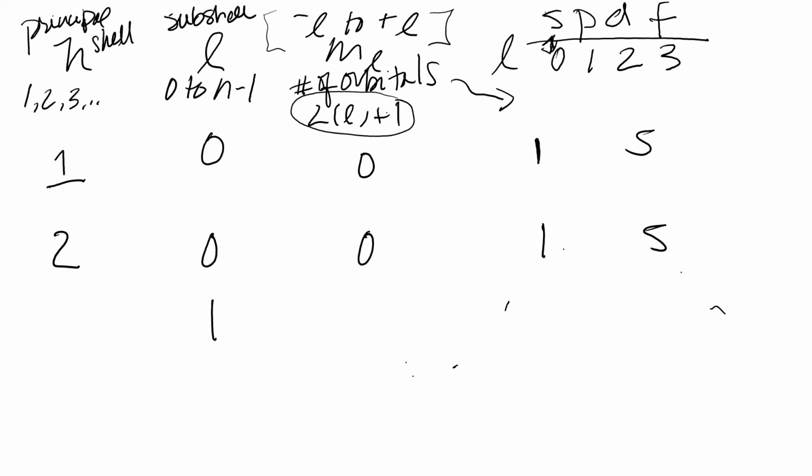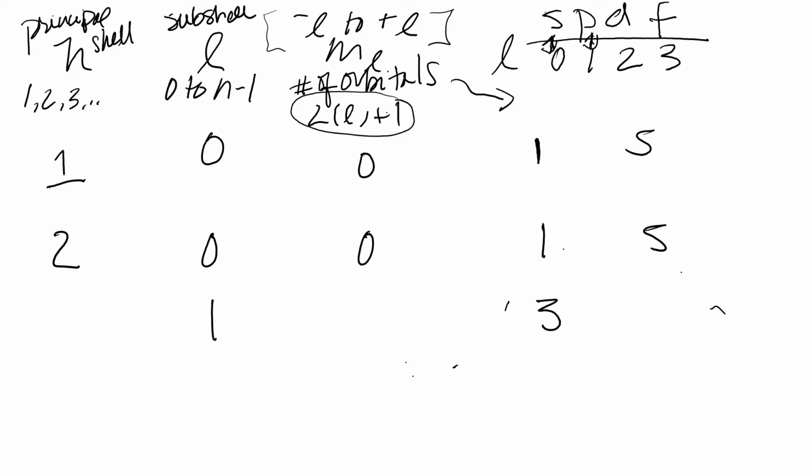If l is 1, we're in a P subshell, and we have 3 orbitals in the P subshell.